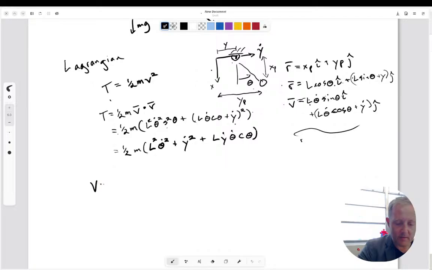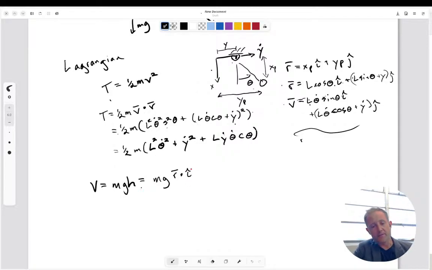Cool. And now V is mgh. I don't have any springs. And h is really R dotted with our x, with our I direction. It's one way, like if we're at x equals 0, we could say that that's 0 mgh, or that h is 0.